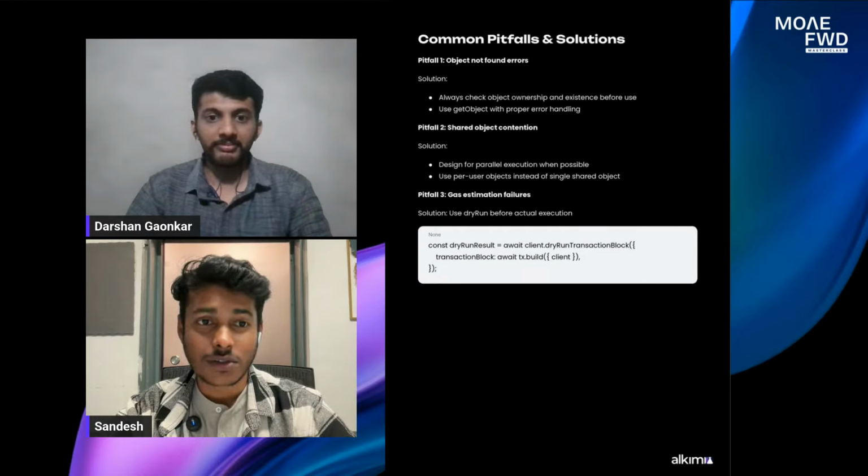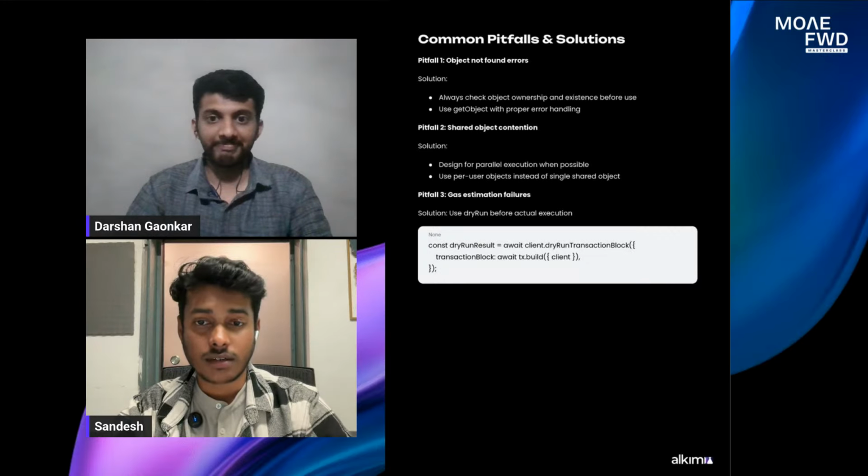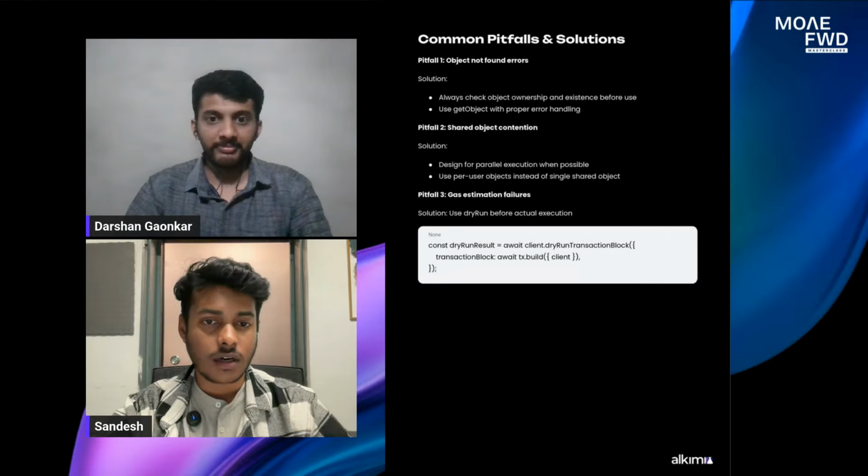Next we have pitfall 2, which is shared object contention. What does this actually mean? As I mentioned earlier, shared objects are bottlenecks. If multiple people try to use that same object, it will cause an error. So how do we manage it?